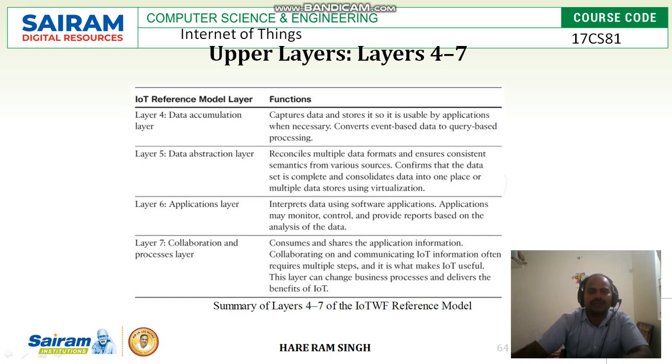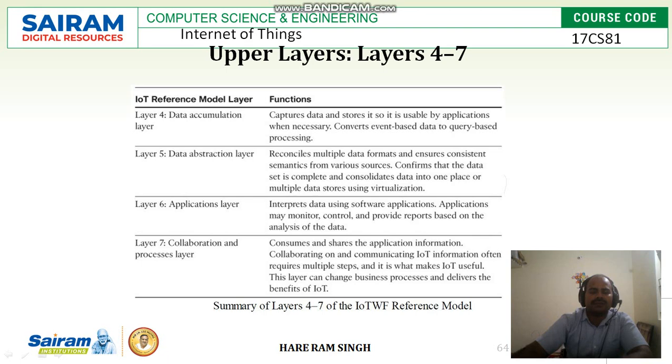It reconciles multiple data formats and ensures consistent semantics from various sources. It confirms that the data set is complete and consolidates data into one place or multiple data stores using virtualization.